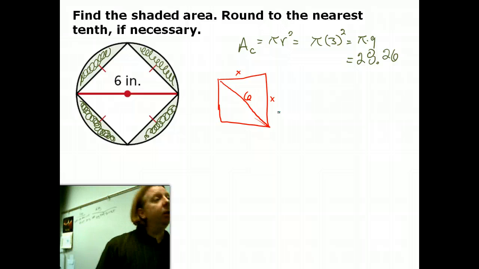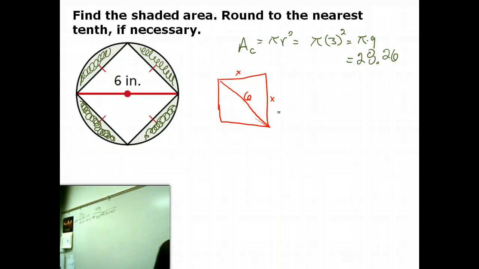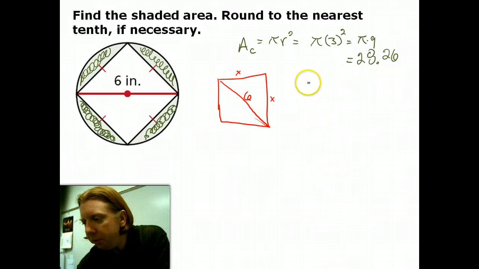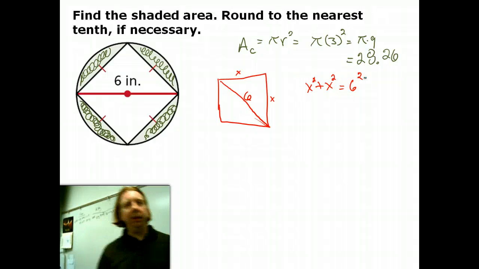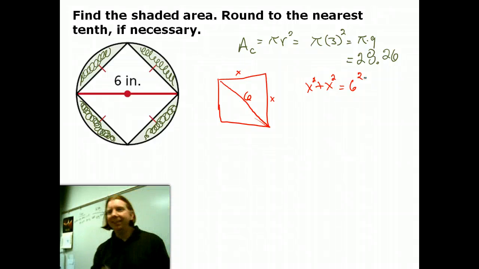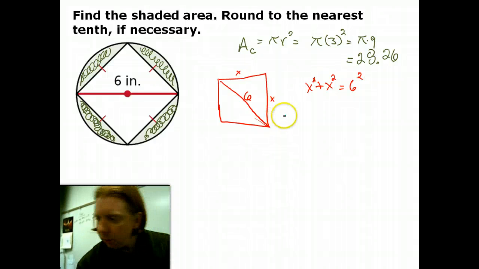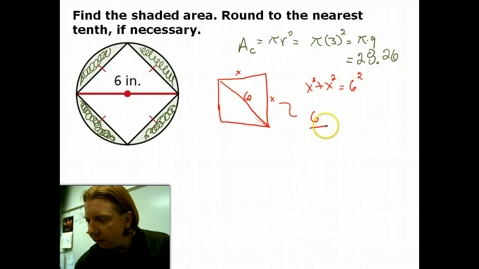When we did special right triangles, those are two 45-45-90 triangles, right? Divide 6 by the square root of 2. So I could just take 6 and divide it by the square root of 2. And if I'm not comfortable with that, I could also do this and solve that, and you're going to end up at the exact same place, which is that x is 6 divided by the square root of 2.